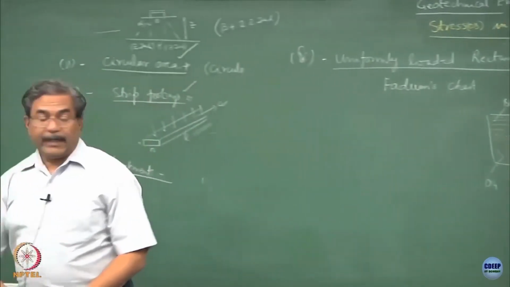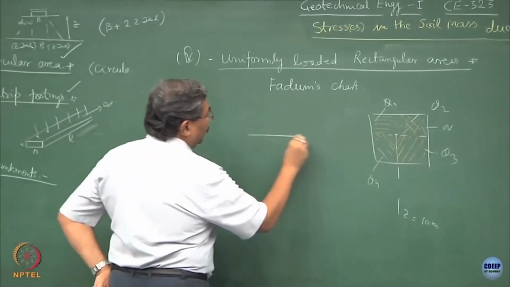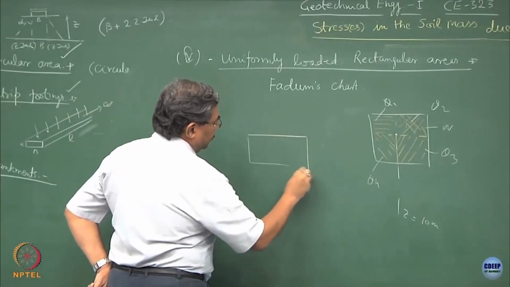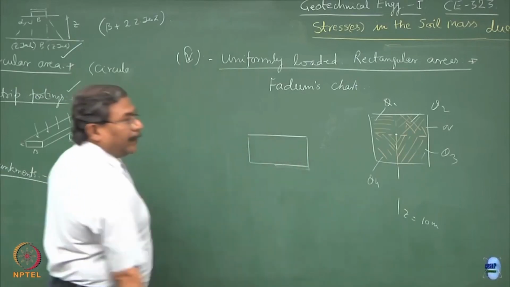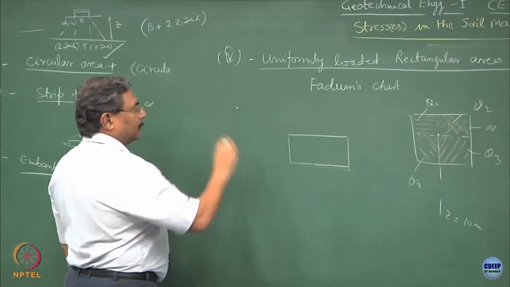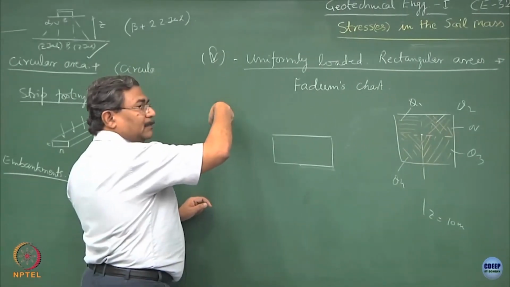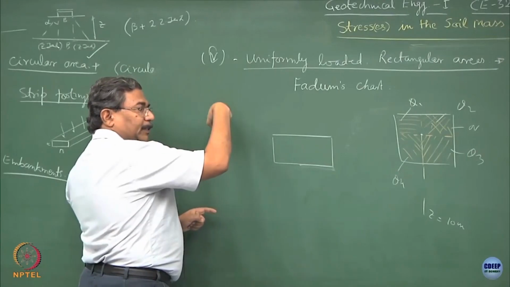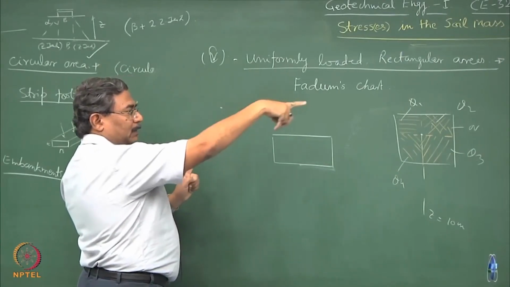Suppose this is the loaded area, this is a foundation, and I want you to find out the state of stress at this point. Please remember, when I say state of stress at a point, it means in the z direction at a certain depth, clear. How will you use this concept now?